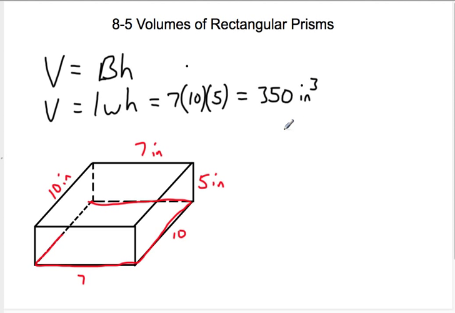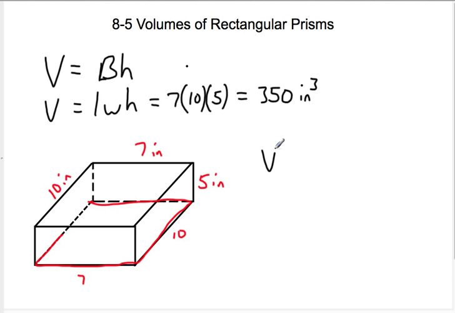Now keep in mind, it doesn't really matter which thing you choose as the base. As you know from previous lessons, a base only requires a congruent and parallel face. And so if we would have chosen this small rectangle here as the base with 10 and 5 measurements, let's see what would have happened.